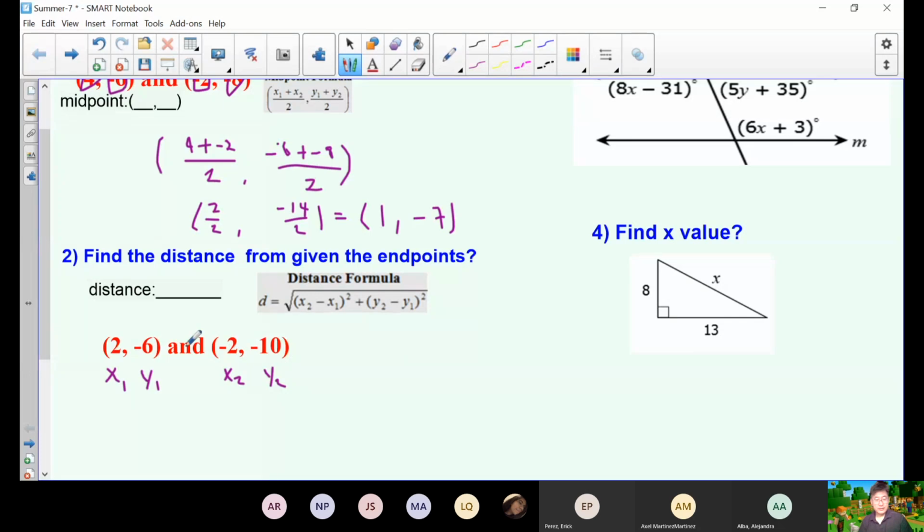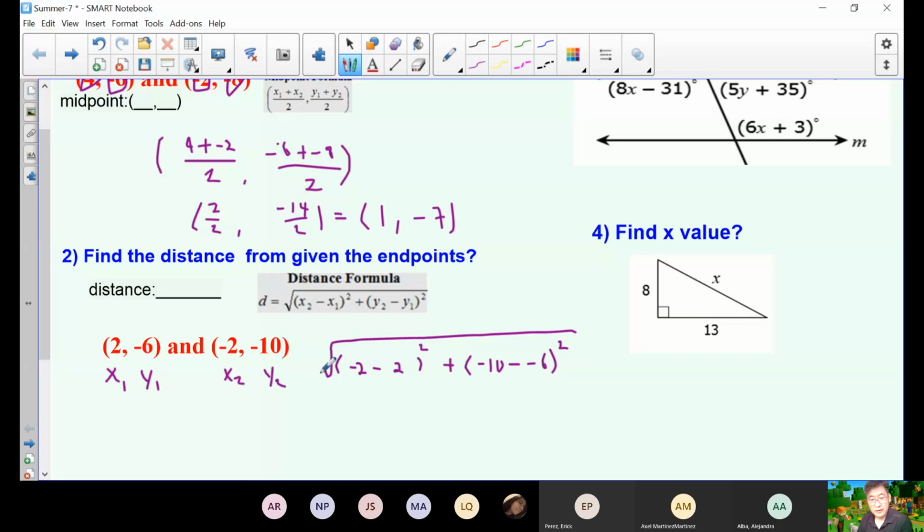So x2 minus x1, negative 2 minus 2 squared, plus y2 minus y1, negative 10 minus 6 squared.